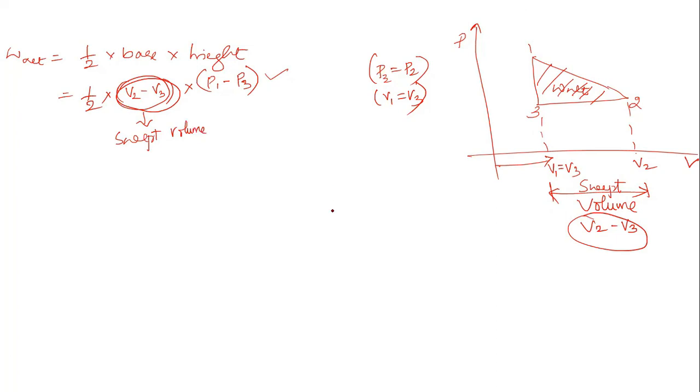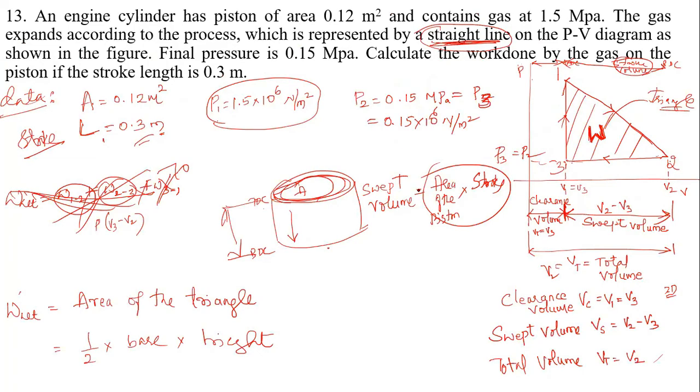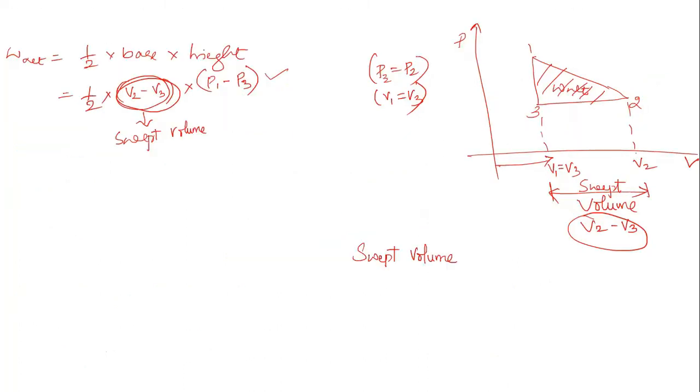Let us first calculate the swept volume. Swept volume, as I said earlier, you calculate as cross-sectional area of the piston into stroke. The cross-sectional area of the piston is given in the problem as 0.12 meter square, and stroke is 0.3 meter.